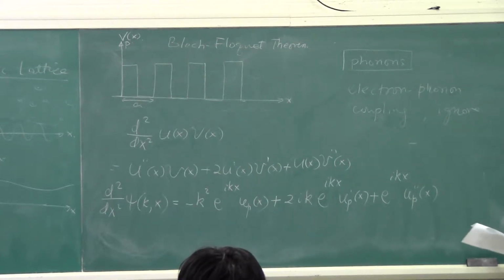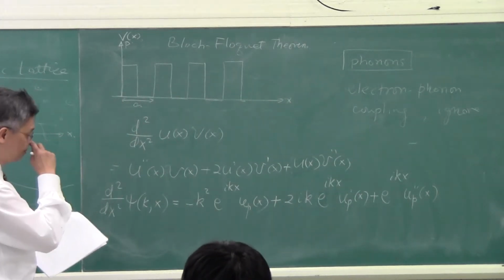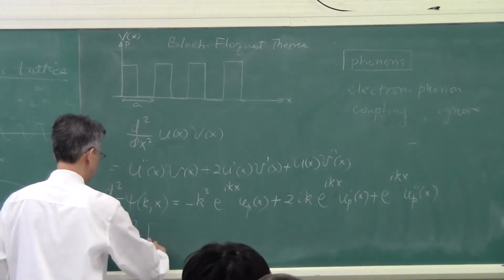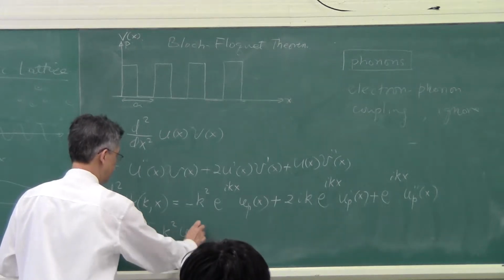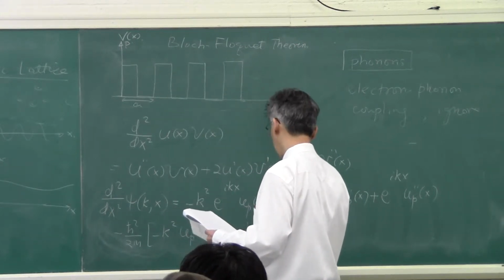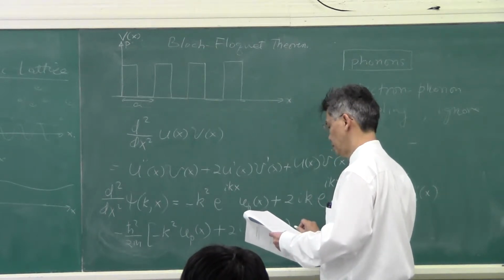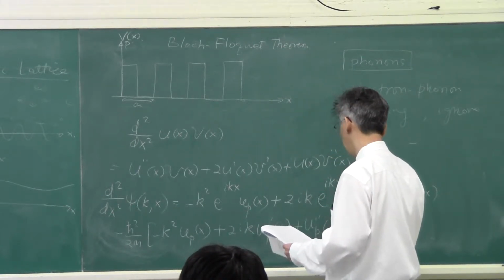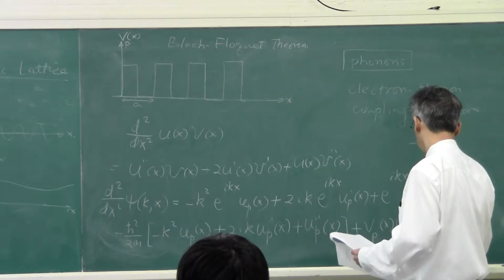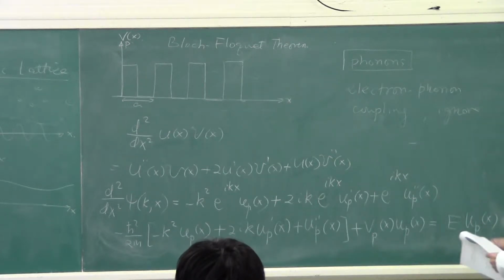And if I write down the Schrodinger wave equation in full now, with the minus h squared over 2m properly, then I should have this equation: k squared u_k(x) plus 2ik u_k prime(x) plus u_k double prime(x) plus V(x) u_k(x) is equal to E u_k(x).